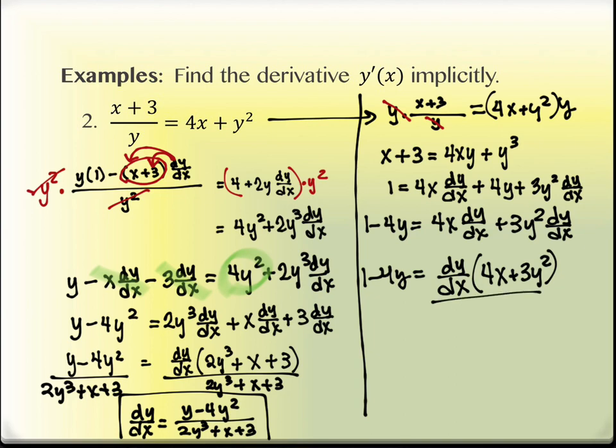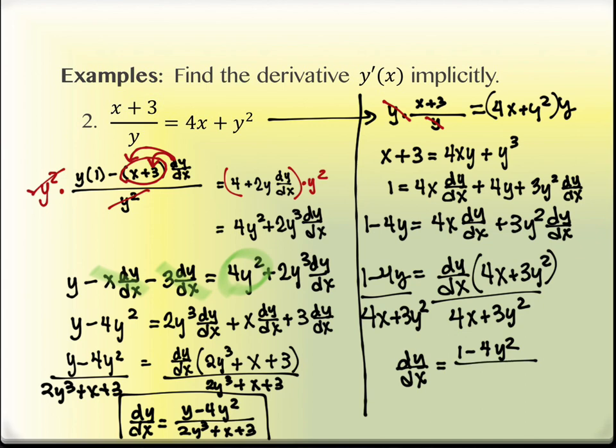And the interesting thing that happens is it doesn't quite look like the same answer that the other one gave us. But it is. Dy dx equals 1 minus 4y squared divided by 2y cubed plus x plus 3.